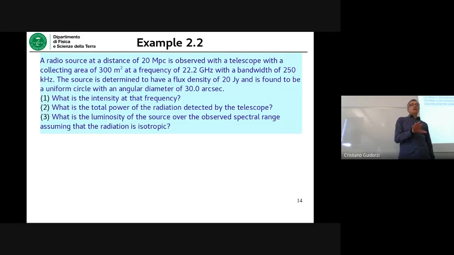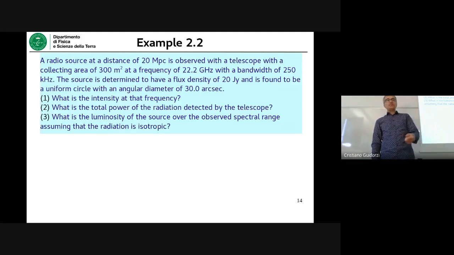So to figure out, okay, let's summarize. We have a source, we know the distance. You should be already familiar from the course of previous classes with what a parsec is. So megaparsec is just 10 to the 6. It is observed with a telescope with a collecting area. You have both the central frequency and the bandwidth. So if you remember the previous example, what matters to us is just the bandwidth in this case, rather than the central value.